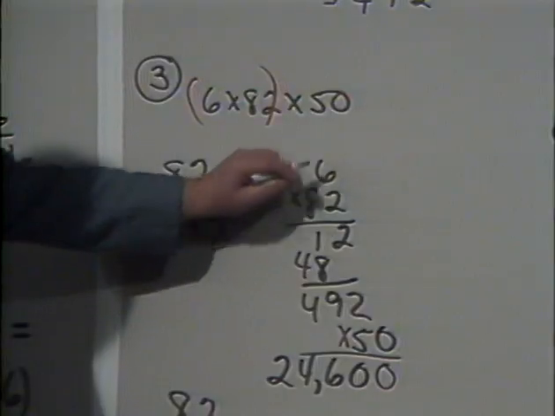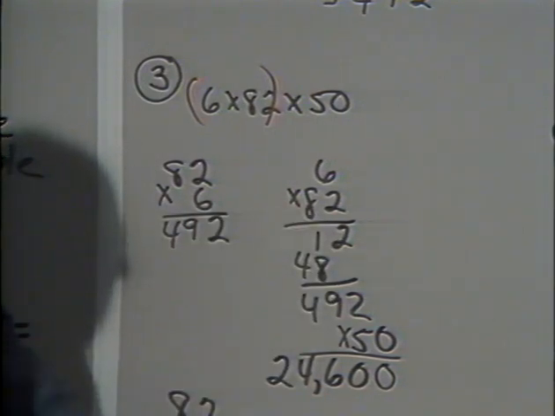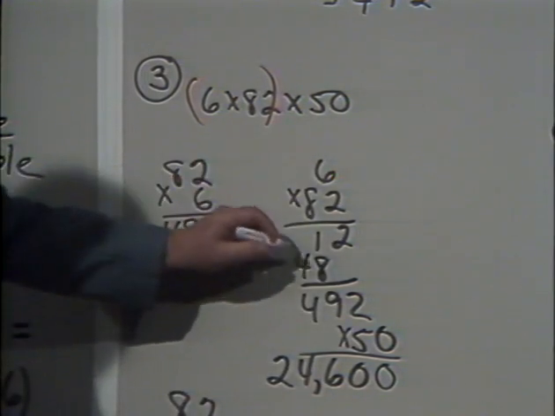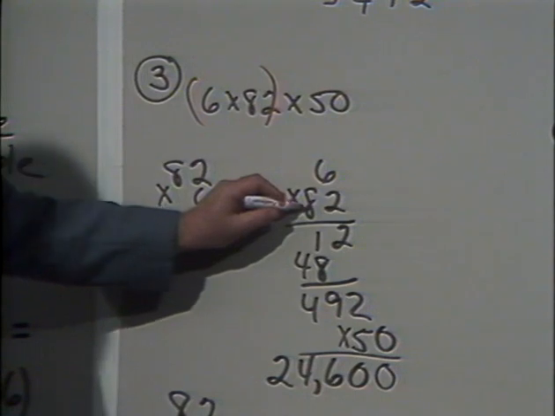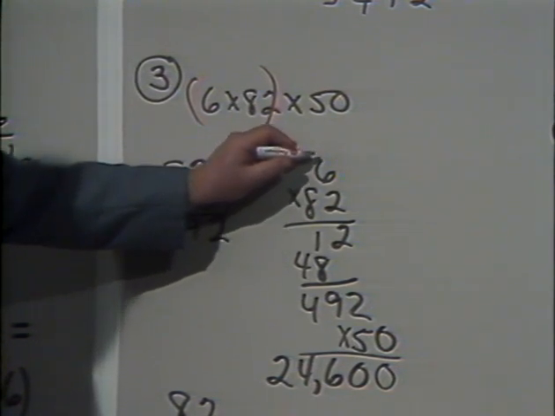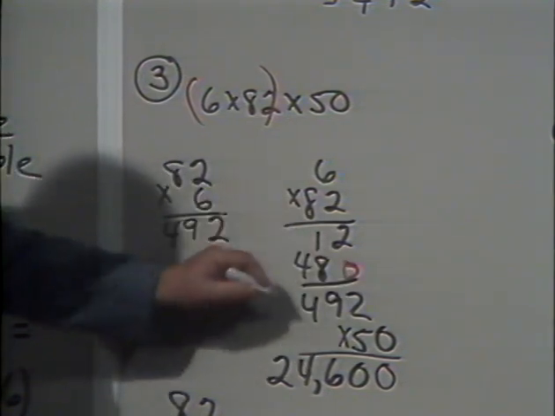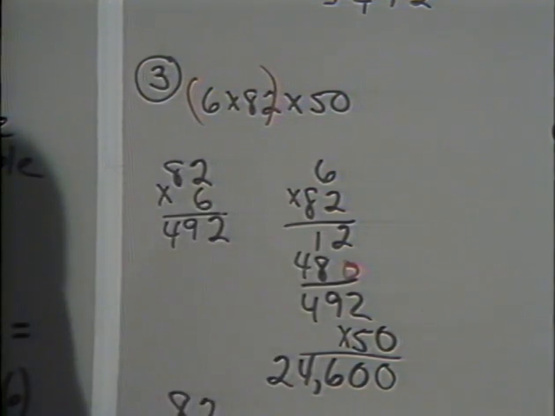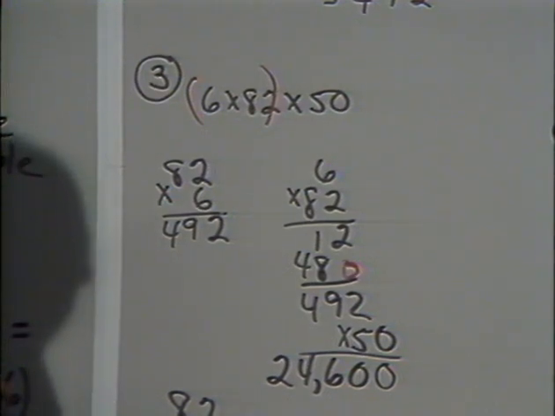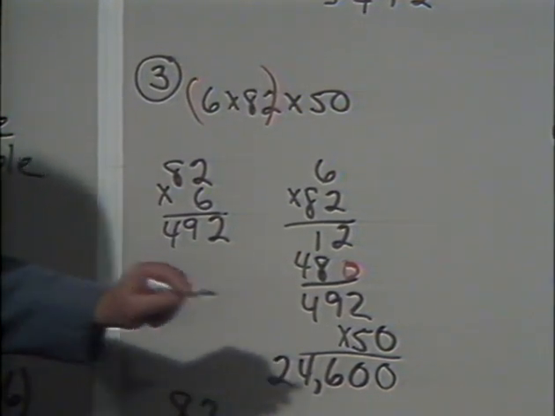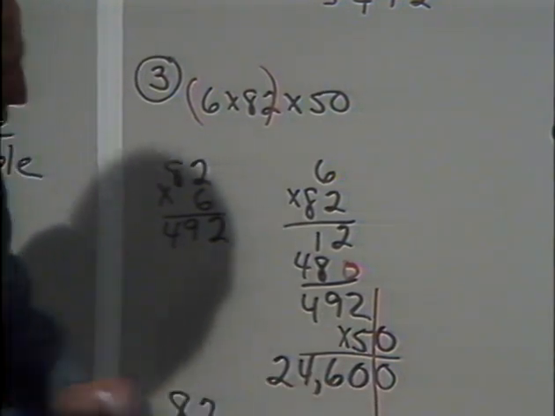You see, 2 times 6 is still 12, isn't it? And then 8 times 6 is 48, but I still have to indent because the 8 is in the tens place. You see that? It's 8 tens times 6 ones, which is 48 tens. And the answer is still going to be what? 492.